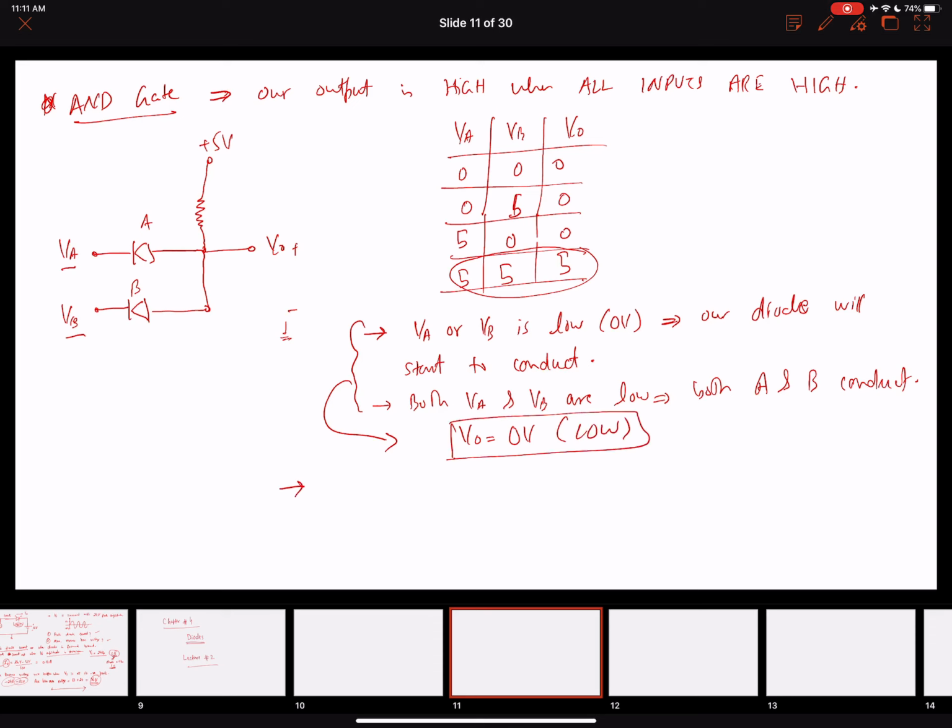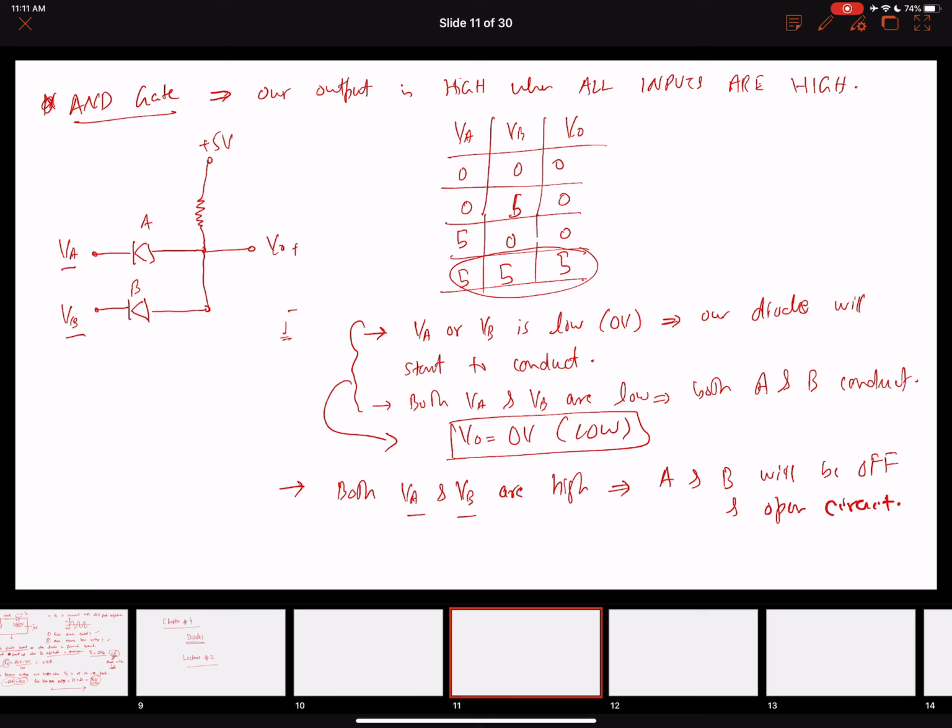Now what will happen when both VA and VB are high? When both VA and VB are high, our diodes A and B will be off and open circuit.